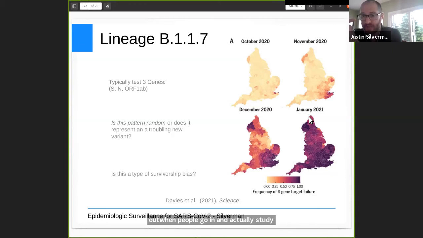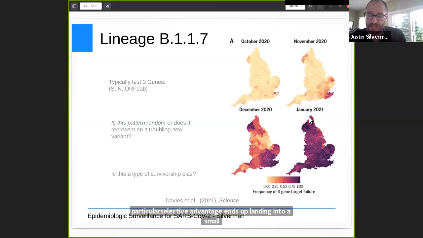Now, part of the way to understand why this is happening is survivorship bias. Essentially, the only viral mutants that we end up looking for are the ones that seem to be growing in the population. But a mutant can grow just because it found an open niche in the population. One mutant that doesn't have any particular selective advantage ends up landing into a small population of people who are all in close contact to each other.